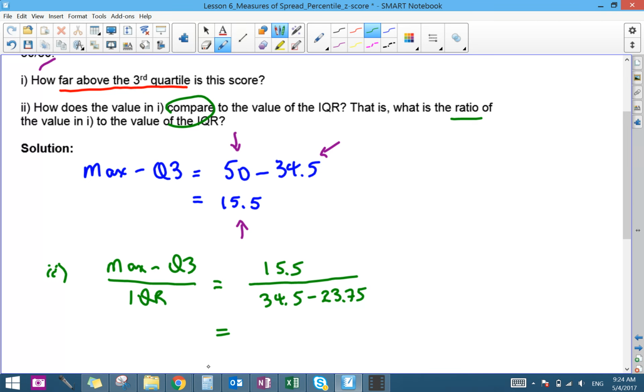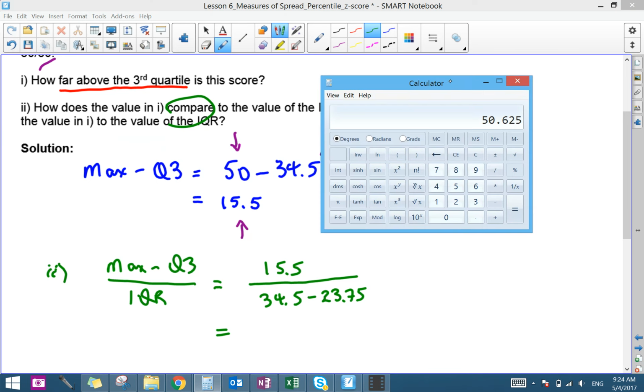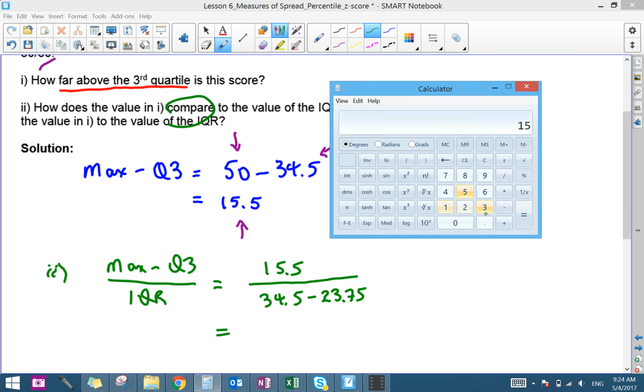So I'm going to calculate the quotient. We'll take 15.5 and divide that by the difference of 34.5 and 23.75. Okay, so there's the value of the denominator. Pressing equals, it's about 1.44.